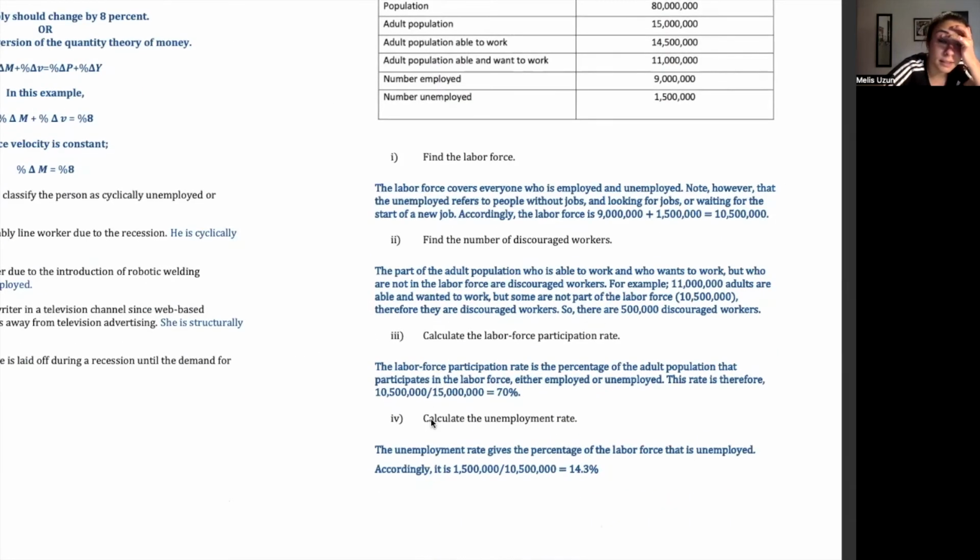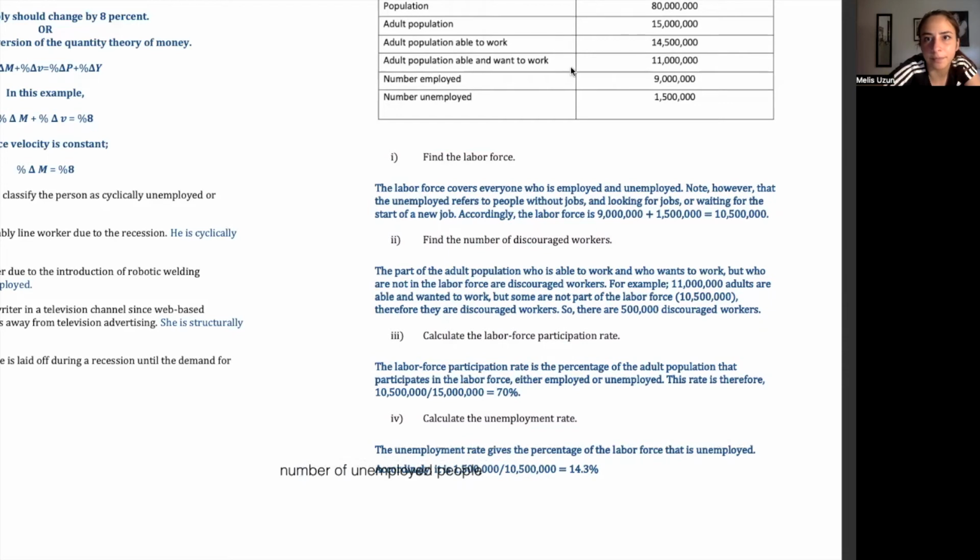And it asks us to calculate the unemployment rate. We use this formula: number of unemployed people, divided by labor force. I'm sorry, I'm having some troubles with this.